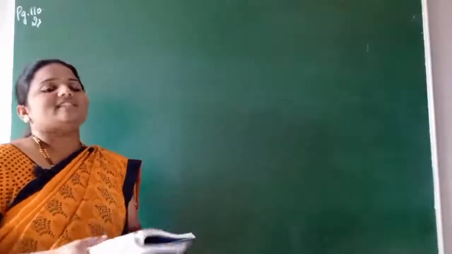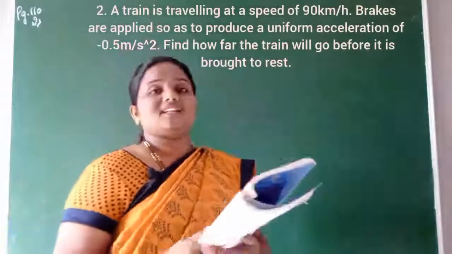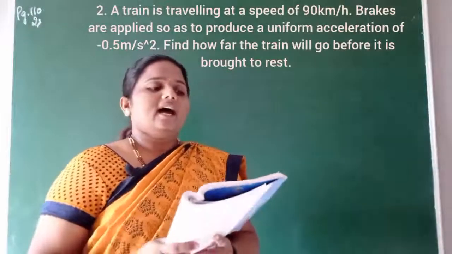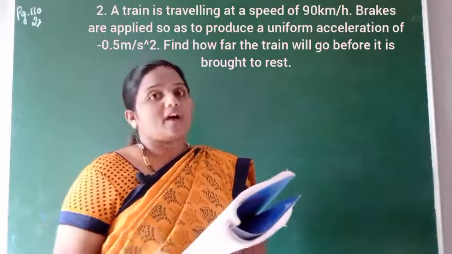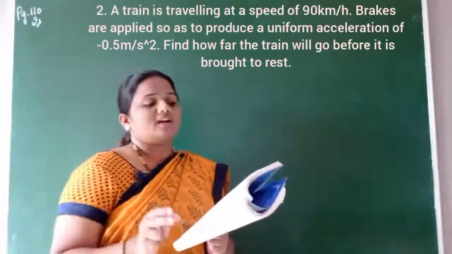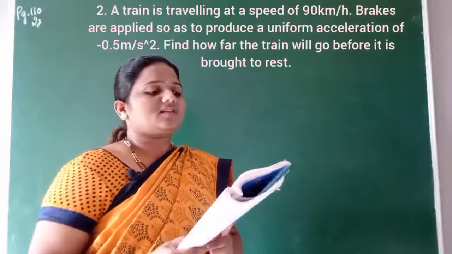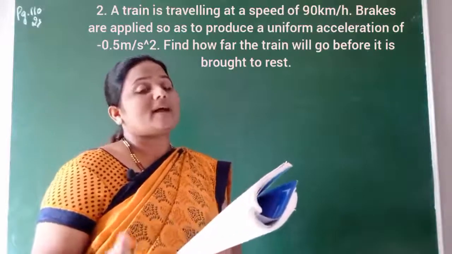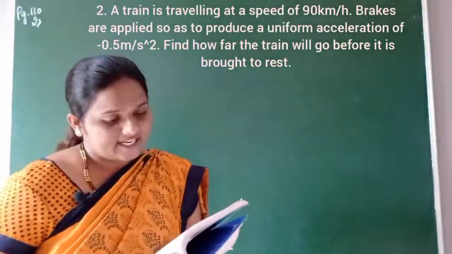Children, now we will solve the problem from page number 110, that is question number 2. A train is travelling at a speed of 90 km per hour. Here a train is moving with a speed of 90 km per hour, and the brakes are applied so as to produce a uniform acceleration of minus 0.5 meter per second square.